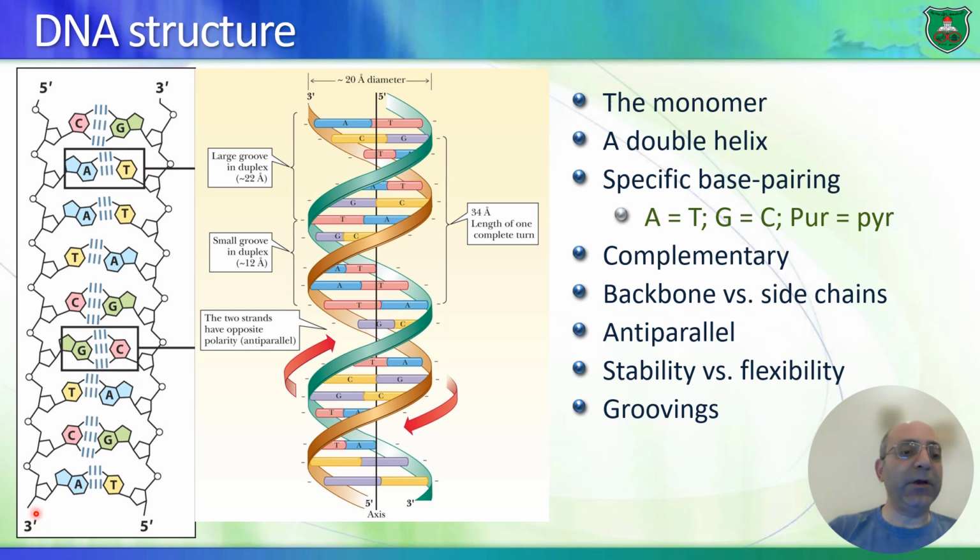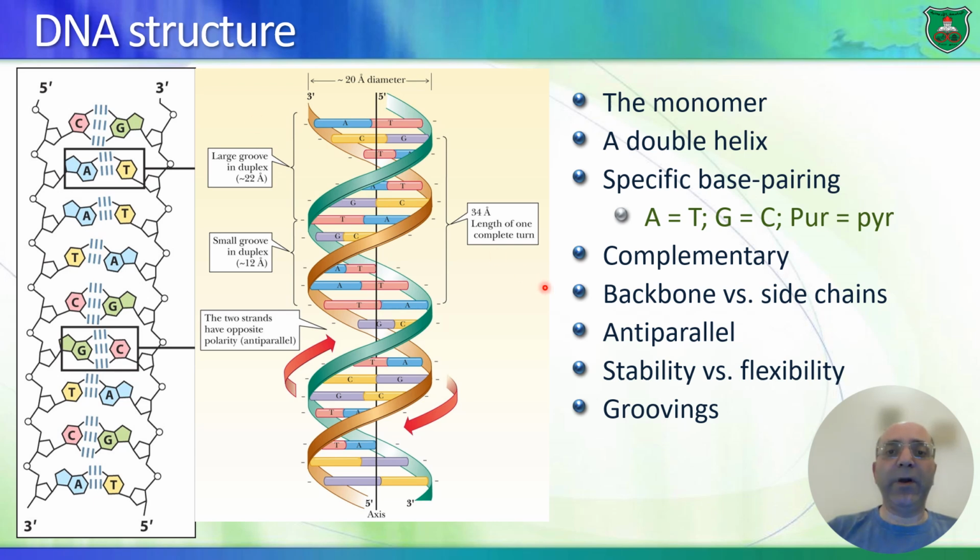So there is a 3 prime end. So you have a 5 prime end and a 3 prime end on each strand. If you look at the complementary strand, here you have the 5 prime end, and here you have the 3 prime end.